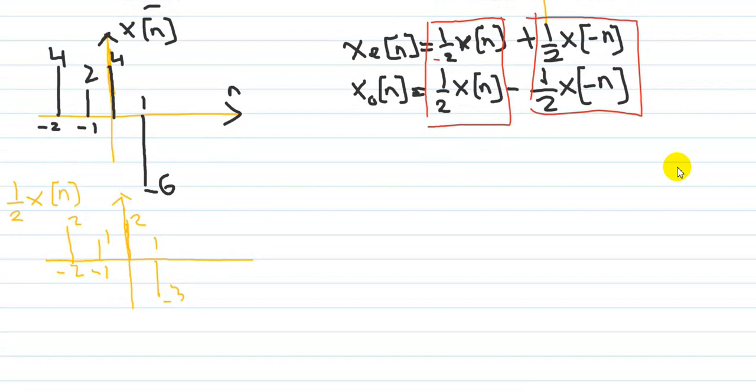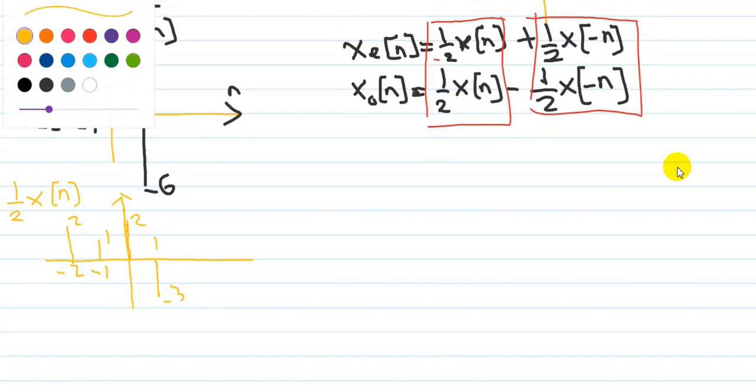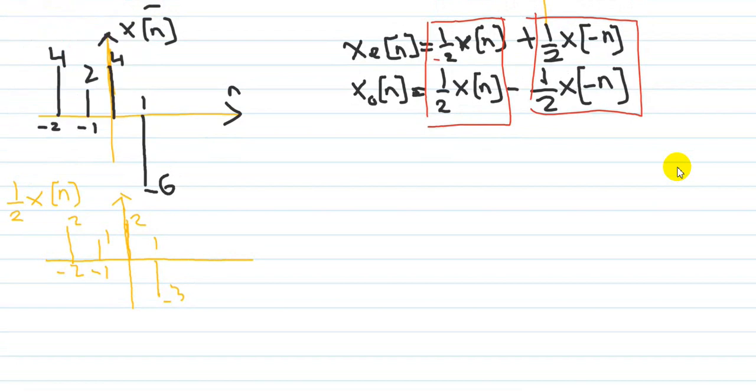Okay, similarly the half x of minus n is almost the flip signal of the half x of n. Now flip means just multiply the n axis by minus 1. So it means this 1 will go at minus 1. So I'm going to have minus 3 at minus 1 here. At 0, I'm still going to have 2 here.